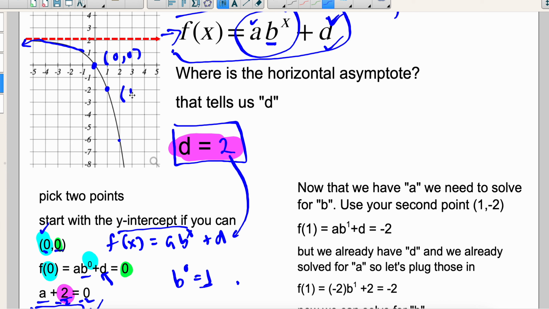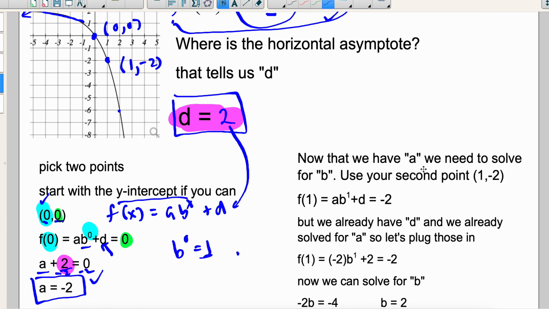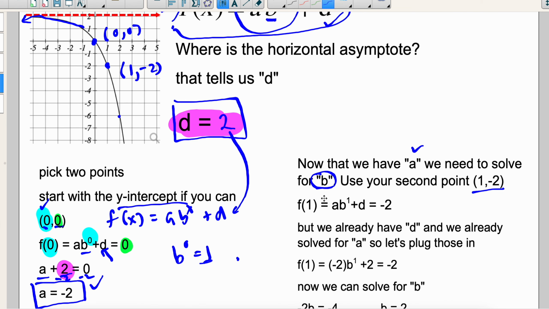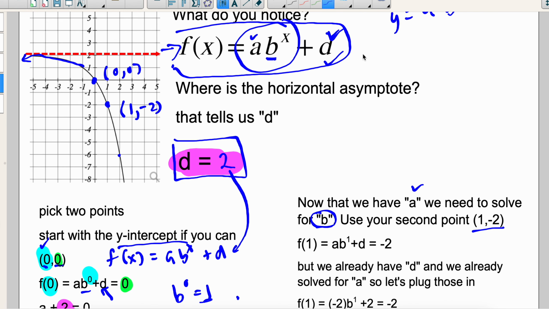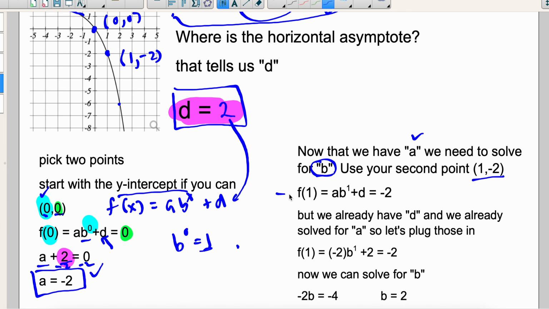So when x equals 1, y equals -2, right here, I'm going to use that as my second point. My goal here is because I have a, the other piece I need is b. So I'm just going to plug this point into my general form here. Okay, that's all I've done here.